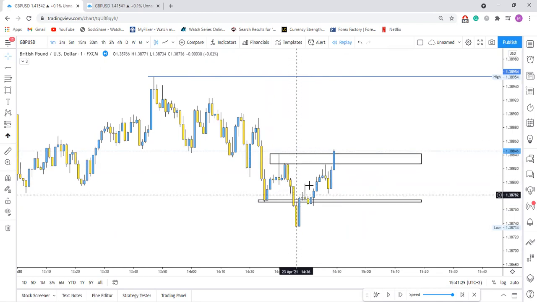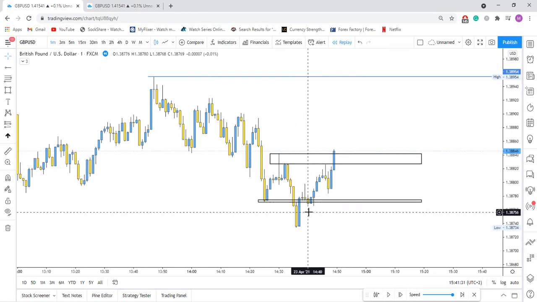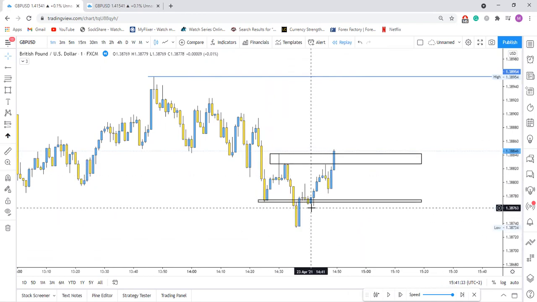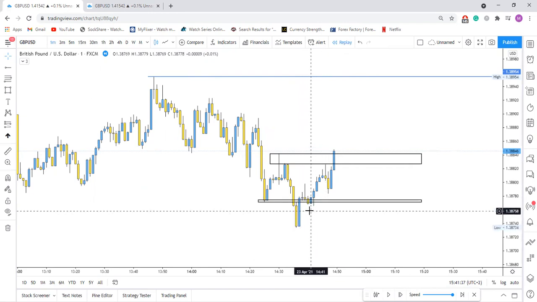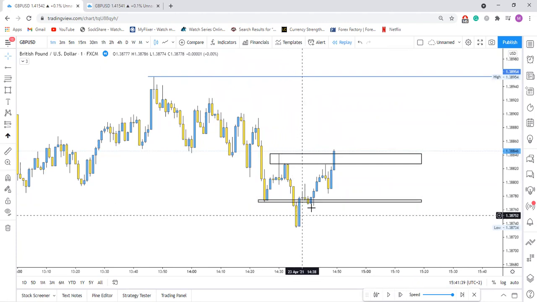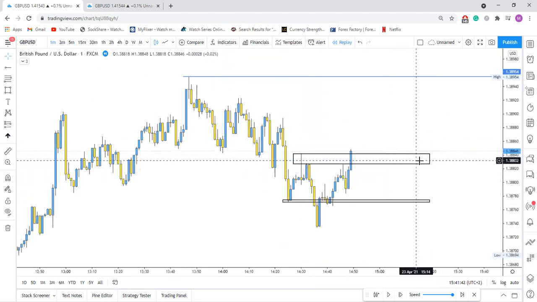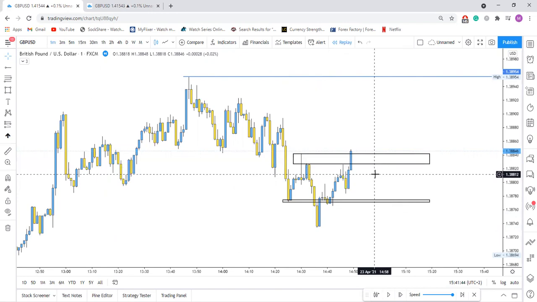So even if you get these weak rejections and then a bit of an engulfing candle, the one that we enter on, what you will then see is price actually pull back against you quite quick, just because of the way price works.